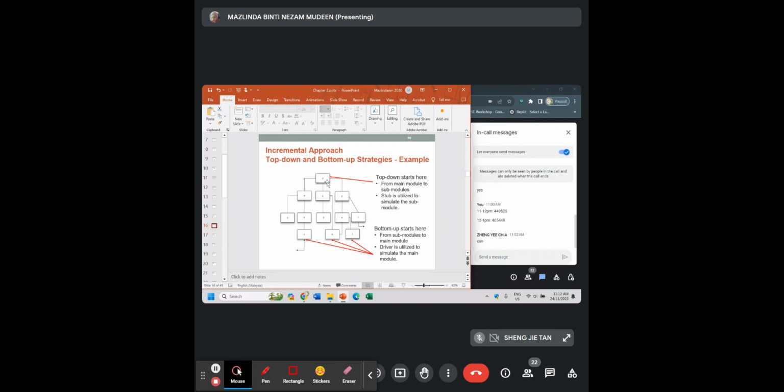Any idea what this driver is? What is this stub in programming? Anyone? Driver, stub. Have you heard this before? Have you used it before? It's in programming. Maybe have you heard of dummy code?